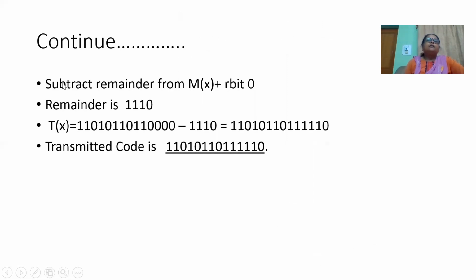Third step is subtract remainder from mx plus r bit 0. Remainder is 1110, so tx is equal to msb plus r bit 0 minus remainder. We get 110, 101, 101, 1 and 0.